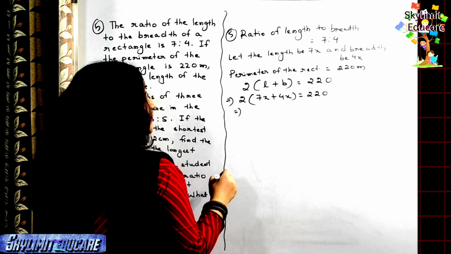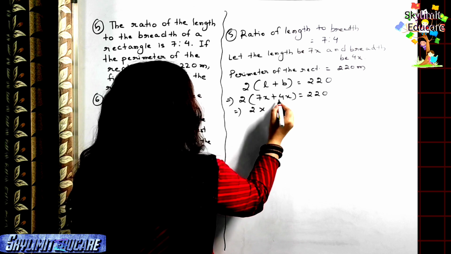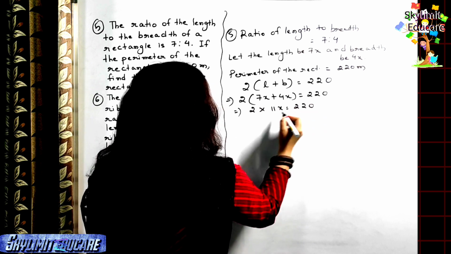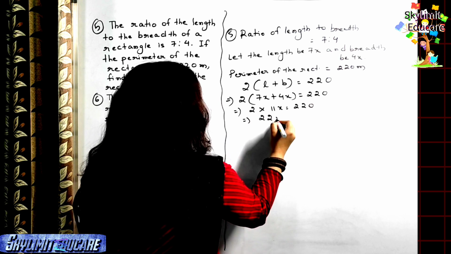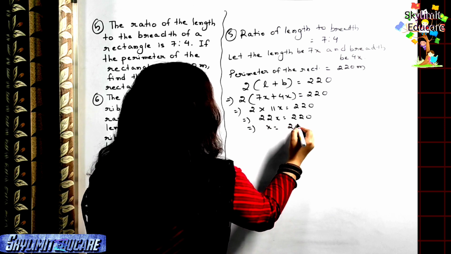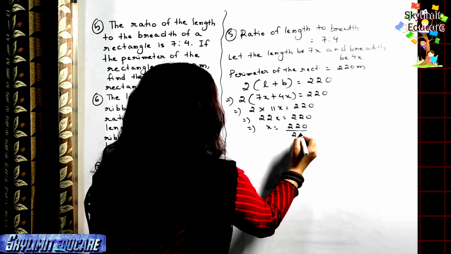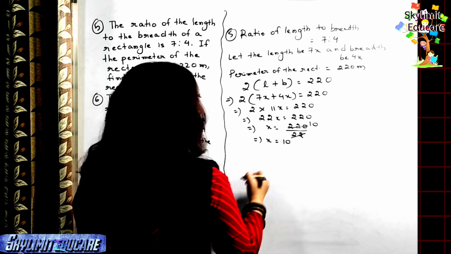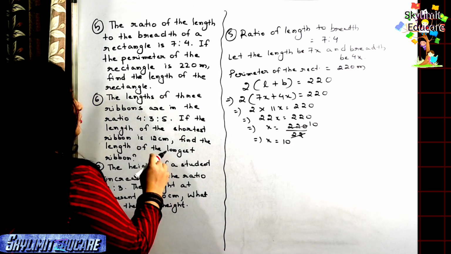So we can find the value of x very easily now. 2 multiplied by this will be 22x is equal to 220. That implies x will be equal to 220 divided by 22. So we got here x is equal to 10. Now we can easily find out both the length and breadth.